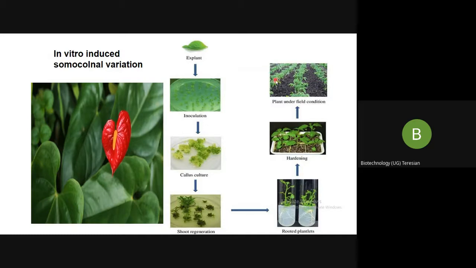You can see the pictures over here. We select a donor plant and a suitable explant to initiate the cultures. The explant is excised from the parent plant and you incubate it in a suitable nutrient media following all the aseptic conditions.